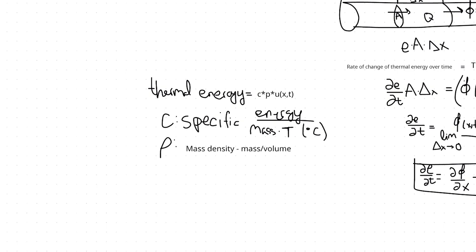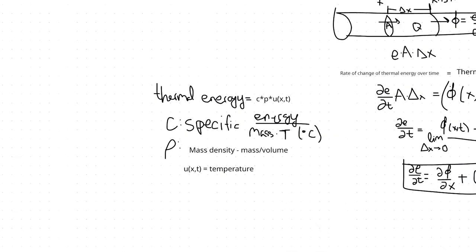And rho is defined as mass density, so mass over volume, and U of x comma t is just equal to the temperature, which is dependent on the position as well as time. And so you see how all the units work out so that thermal energy is energy over volume, because the mass cancels and the temperature cancels, leaving energy over volume.